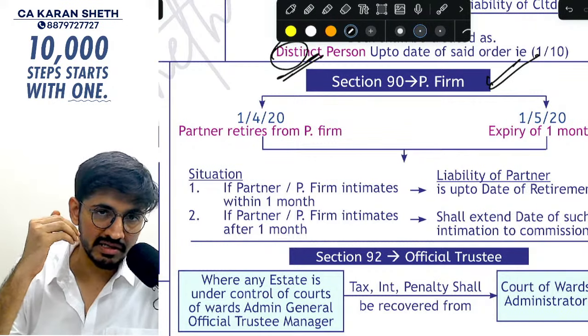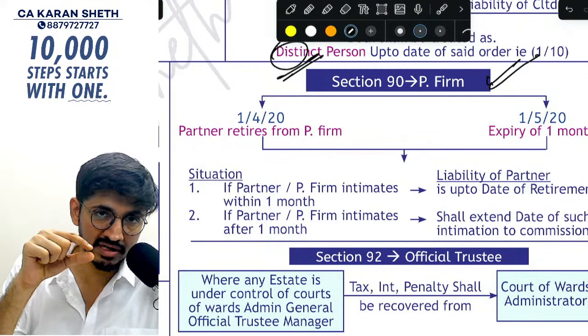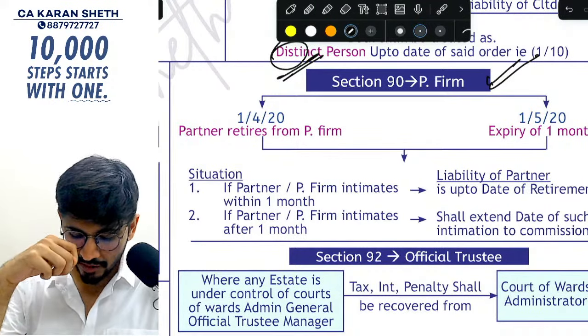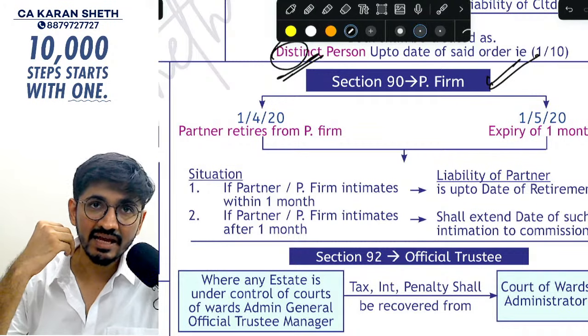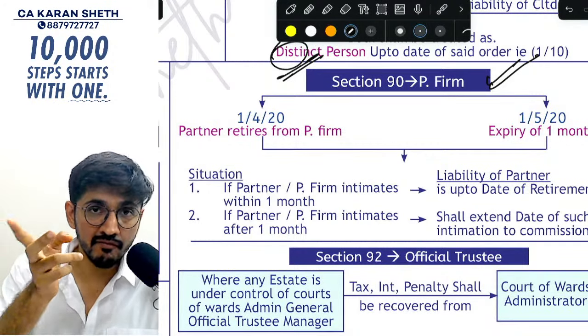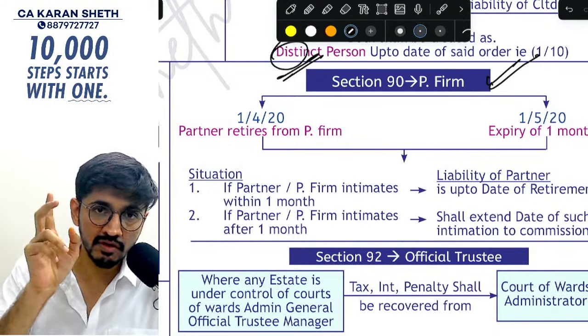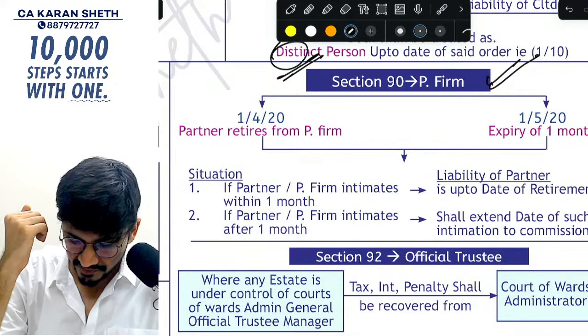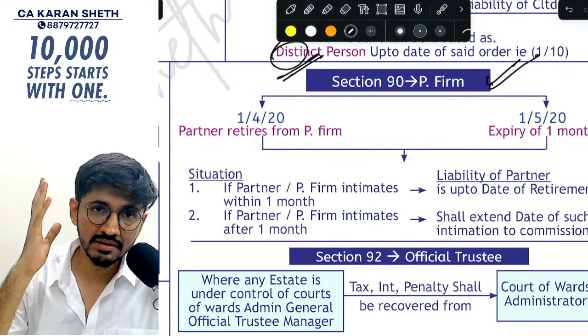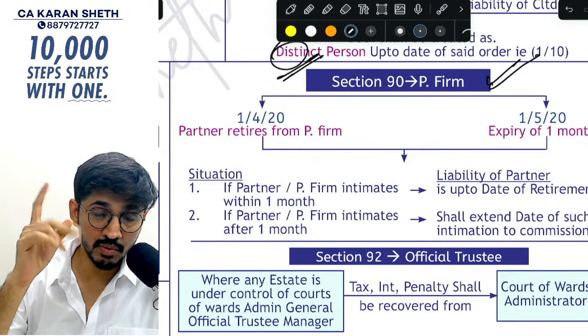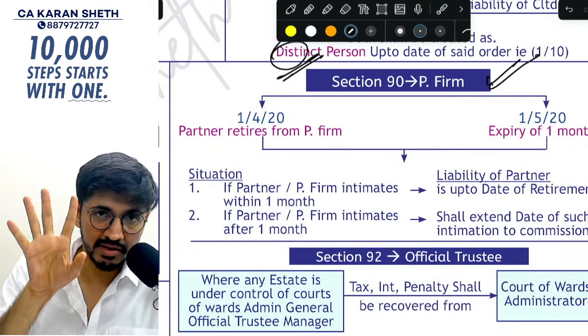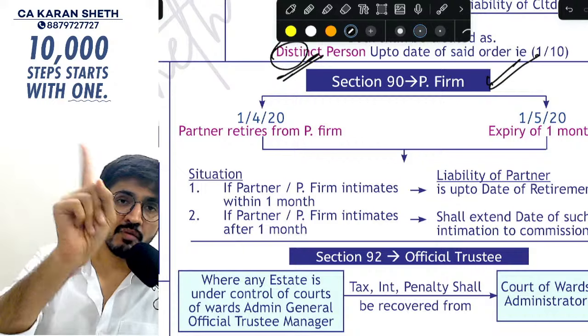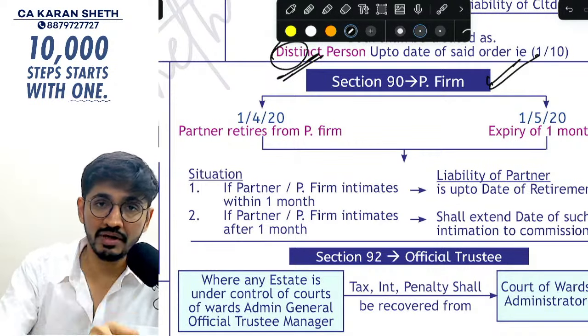Next, partnership firm, very important, my dear friends. Understand, when it comes to a partnership firm, if any partner has retired, it's very important that he or the firm informs the commissioner about his retirement within 1 month from his retirement.